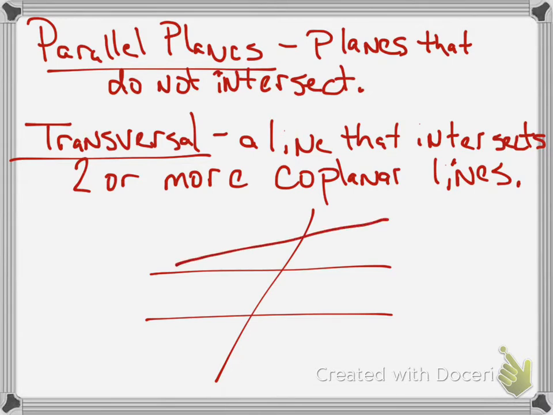So you can see here, I'm going to put line M, this line right here, that is a transversal through the other three lines, even though this line, let's call that one N, is not parallel to the other two. And I would make note that these two are parallel with those little arrows. Anyways, you kind of get the idea. Those are words and definitions you should know.